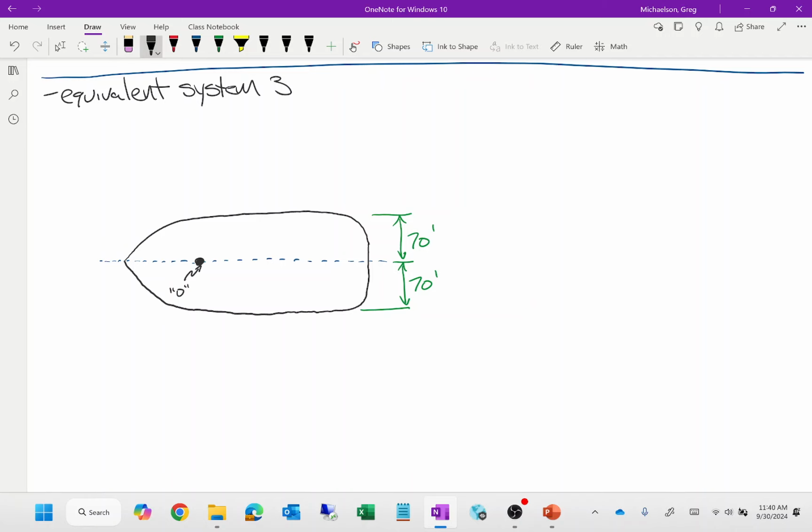Now, remind me, which way does the resultant vector point? It points down like this, right? So the problem said, where do I put that tugboat to generate the same response? So I'm going to put that resultant vector right there.